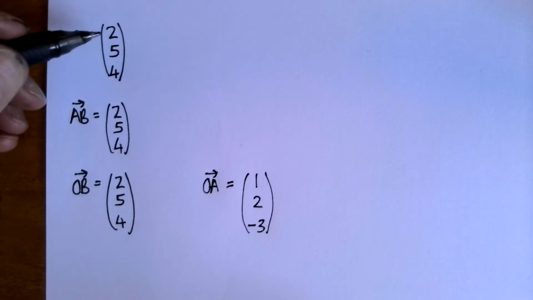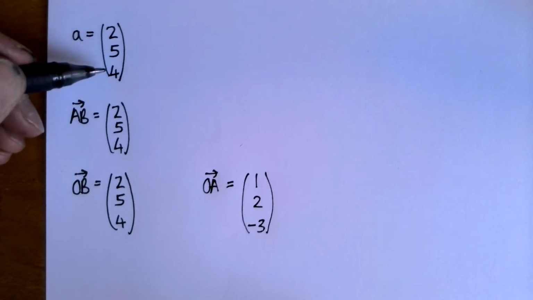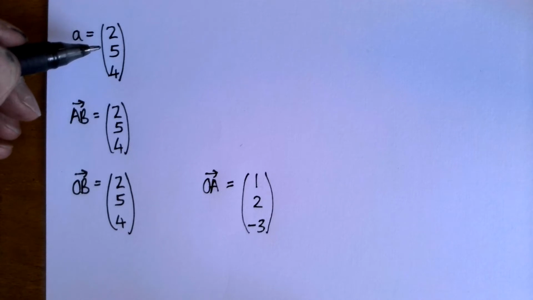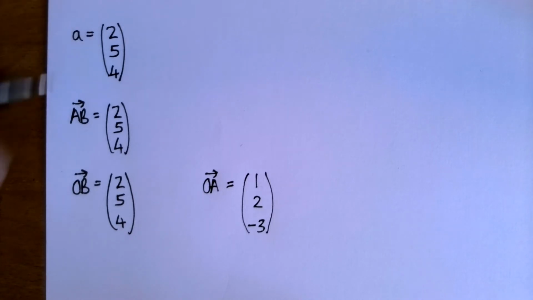Okay, so this vector here, which is described with a small letter, normally in bold, just describes a journey of 2 units in the x, 5 units in the y, 4 units in the z direction. That's just a journey. It's not fixed in space. It could be any journey with those dimensions.